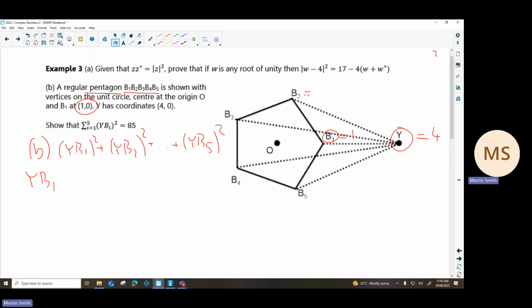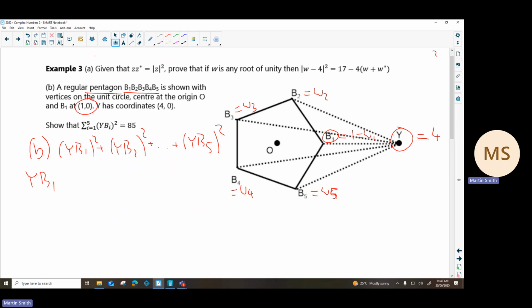I'll call them W1, W2, W3, W4 and W5. Now please note that these are the fifth roots of unity. The fifth roots of unity form a regular pentagon on an Argand diagram with centre the origin, where the first point is at 1.